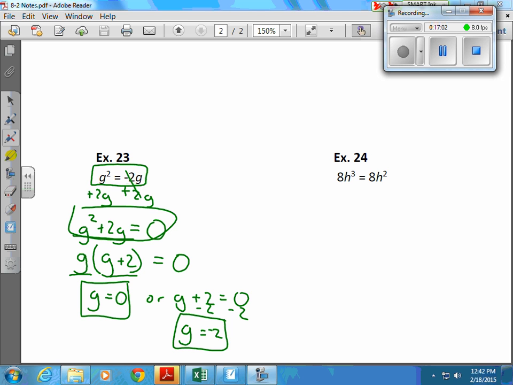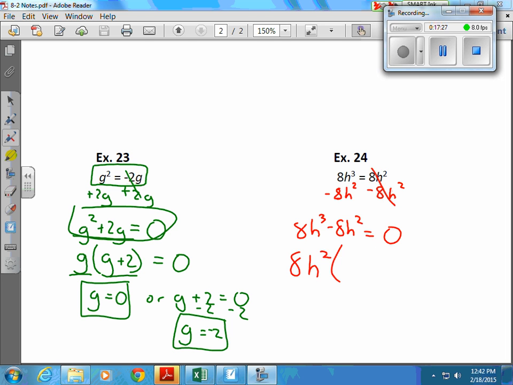So, example 24, same thing. We're going to set it equal to 0, which means we're going to take everything off of one of the two sides. And that cancels, equal to 0. So I get 8h to the third minus 8h squared. What do they have in common? An 8h squared.